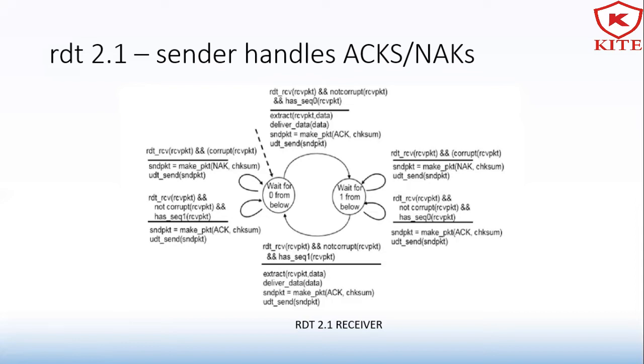On the receiving side, in the initial state, it waits for a packet from the below layer. If the packet is received, not corrupted and has the proper sequence number 0, it extracts the data from that packet, delivers the data to the upper layer using the deliver_data function, and creates the acknowledgement packet with a checksum value.